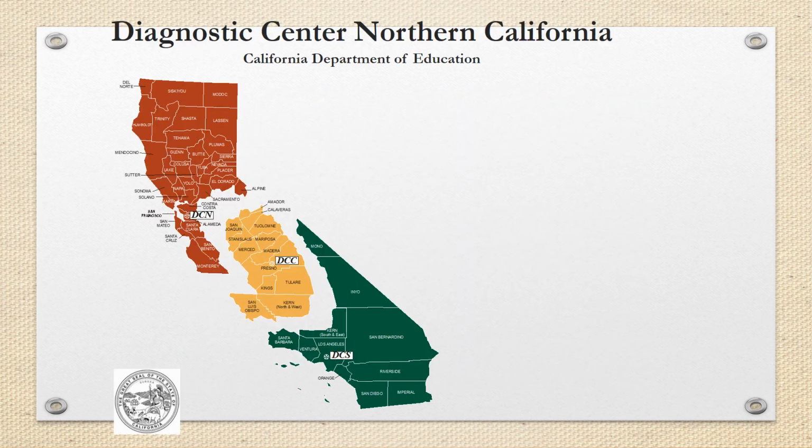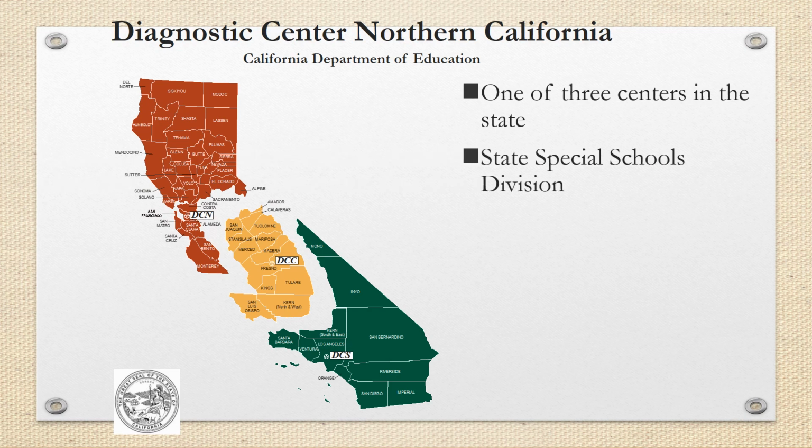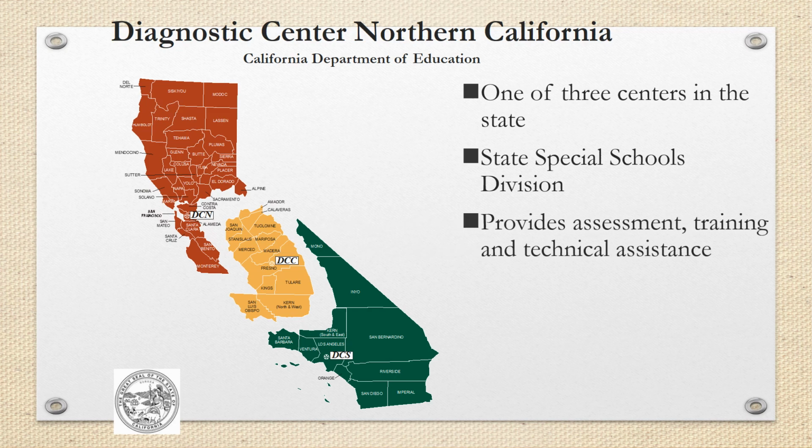This presentation is brought to you by the Diagnostic Center in Northern California. Just one short word about the Diagnostic Center. We're one of 3 centers in the state of California. Our territory goes from Monterey County up to the Oregon border. We're part of the State Special Schools Division.